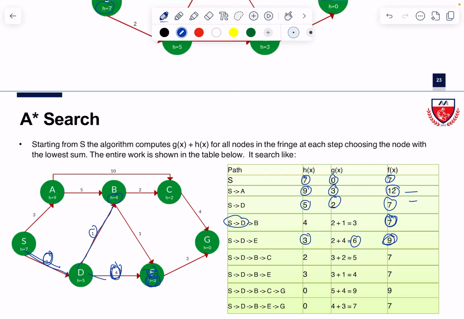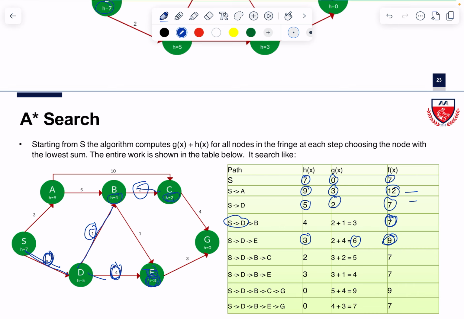Now, since 7 is shorter than 9 or lesser than 9, then we visit SDB, and B has the children C and E, right? So let's visit SDBC first. From SDBC, heuristic cost of 2. As you can see, S to C is 2. Then yung actual cost is 2 plus 1, 3 plus 2, 5.